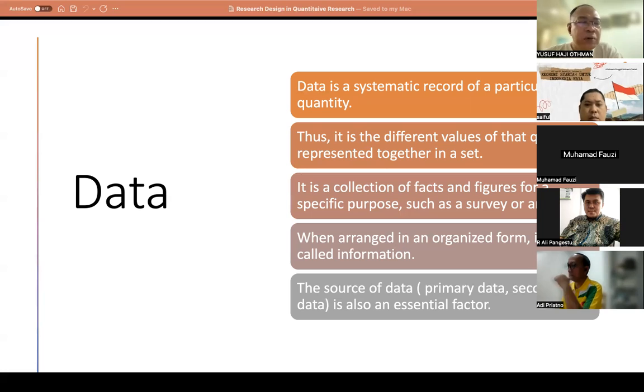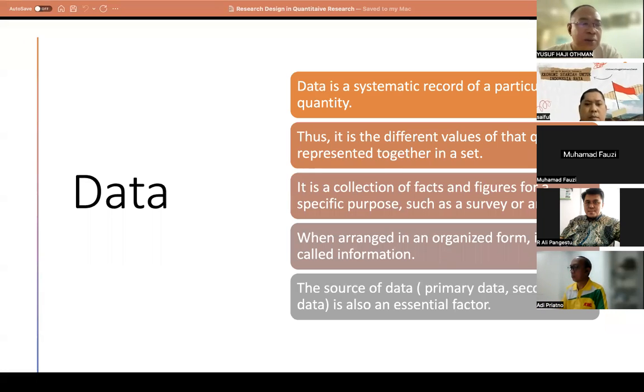Some of the data can be found in and published by some organizations, such as in an annual report, on their website, and some data can be purchased. Like data in economics can be purchased.